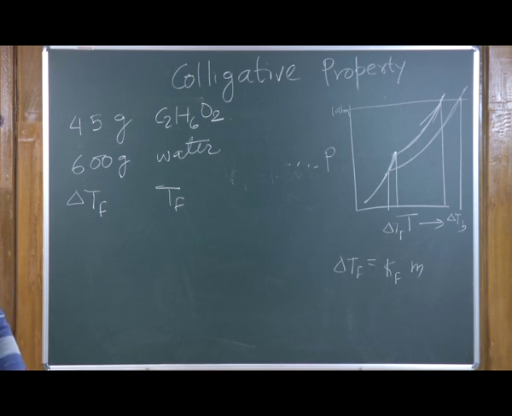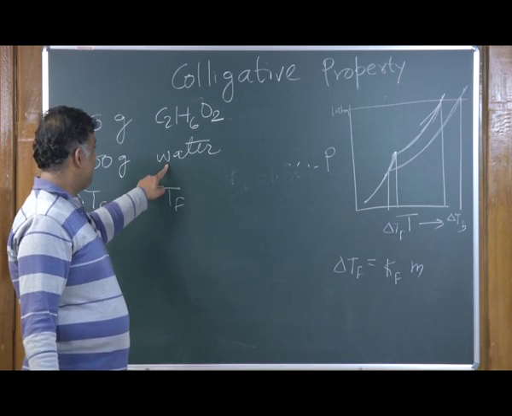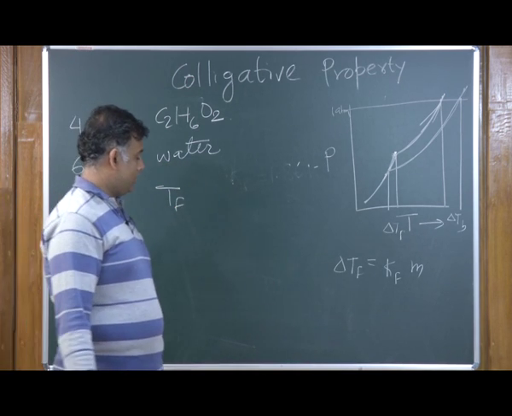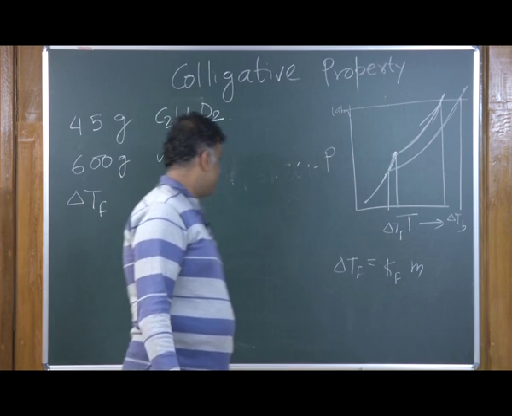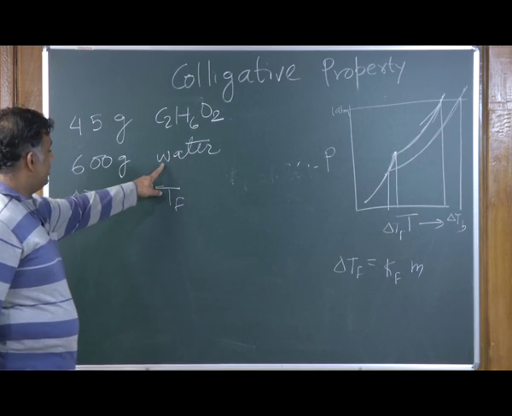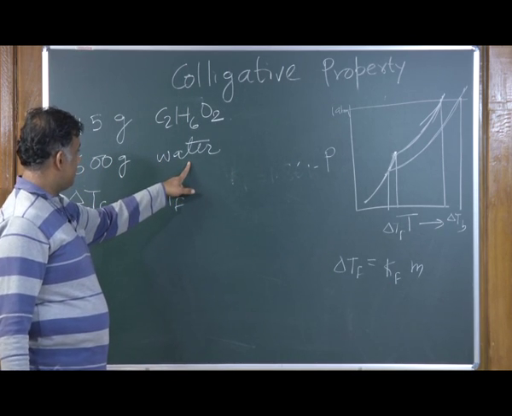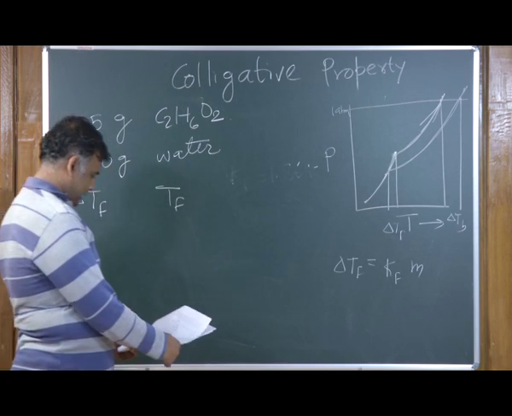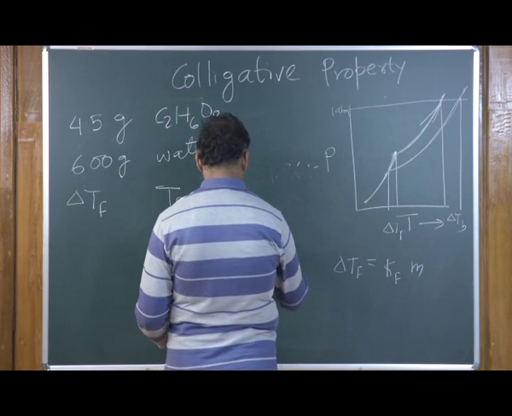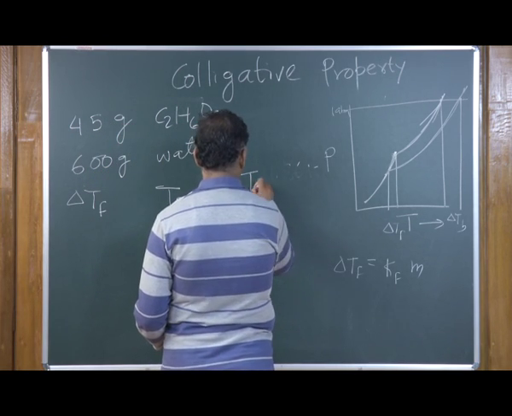Okay. To do this problem, we also need Kf, and we need the Kf of water, because we need the freezing point depression constant only for the solvent, and that is given in this table.